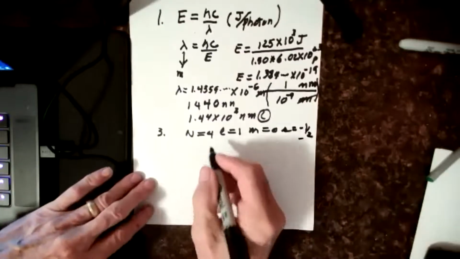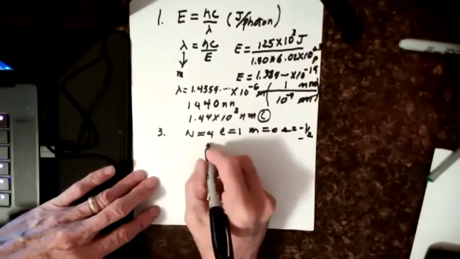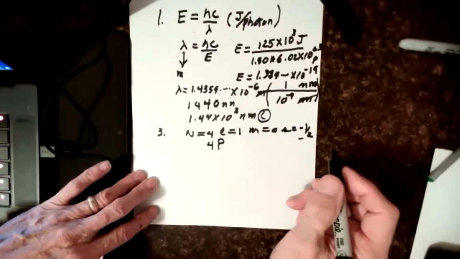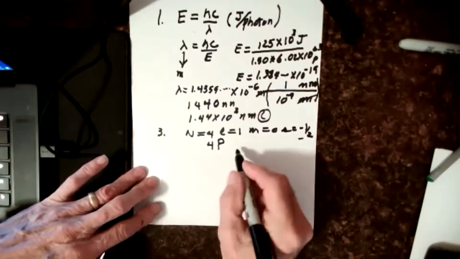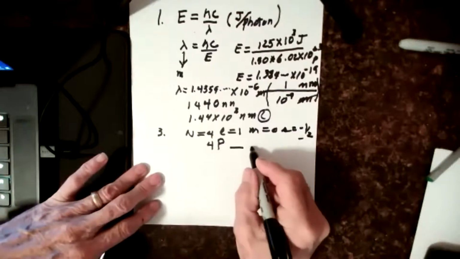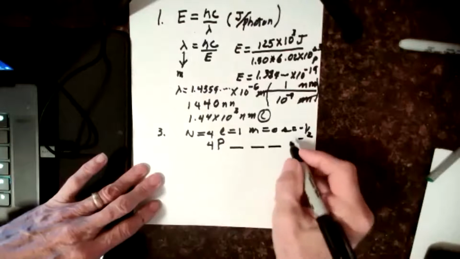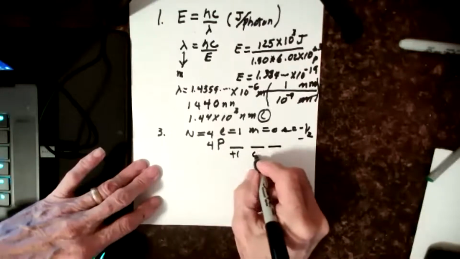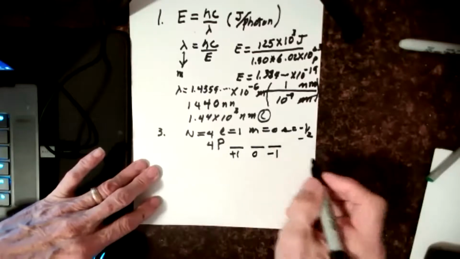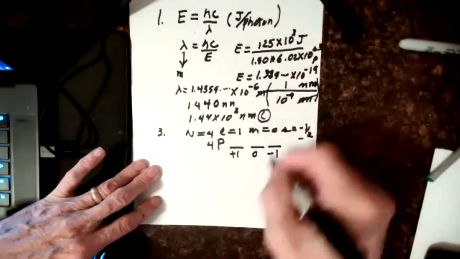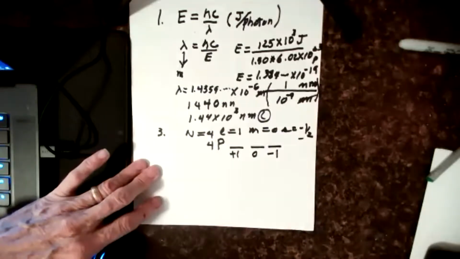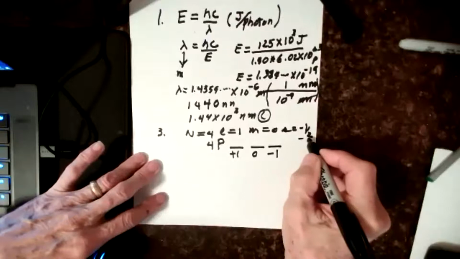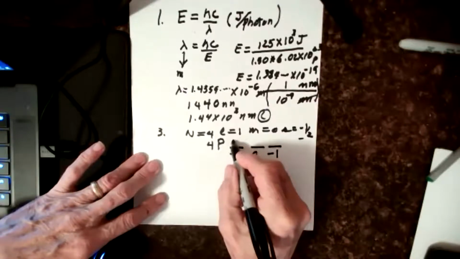So let's see what we've got. N is 4, and L is 1. So we are filling the 4p set, and p orbitals look like this. You're going to have a plus 1 m value, a 0, and a minus 1. Now, you need to remember how we did that back way on the checkpoint and so forth. Now, here's where the minus 1/2 comes in. The first electron goes like that.